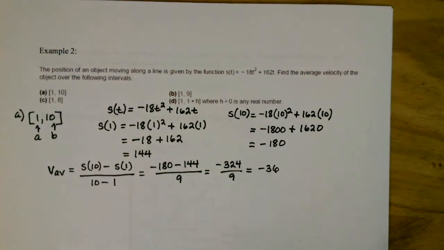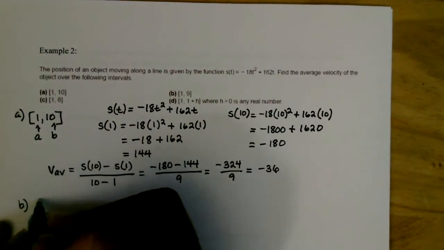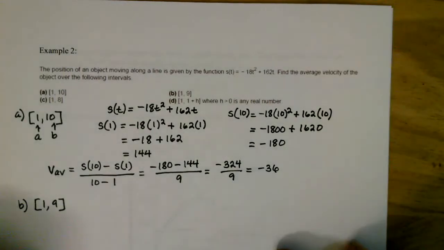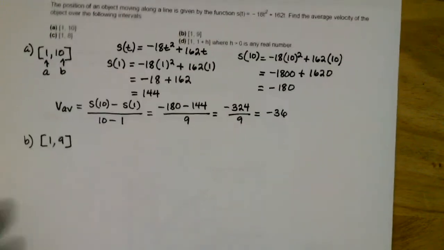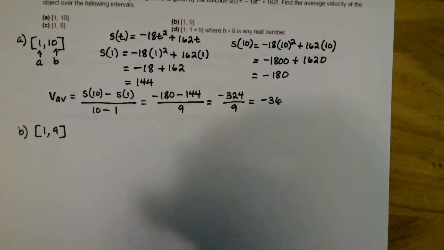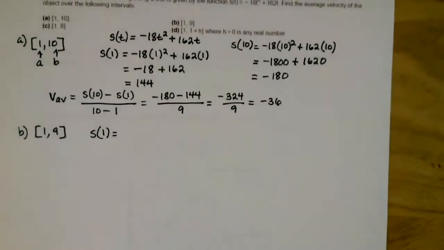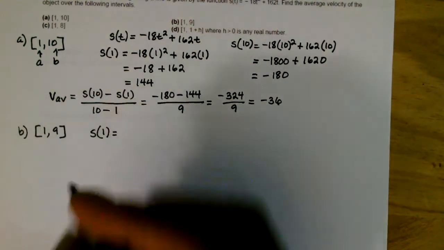Okay, now part B, from 1 to 9, I want to find its average velocity. Well, I already know what S sub 1 is going to be from part A. That's 144.